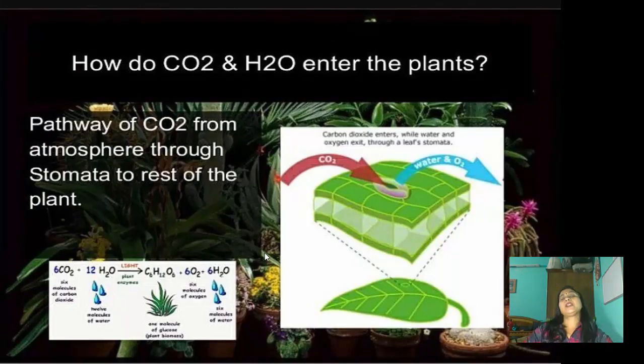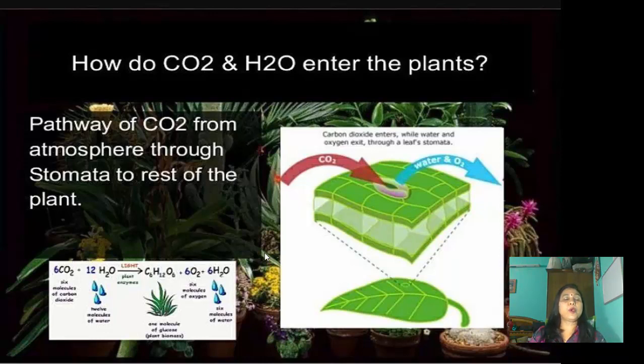Now, how do carbon dioxide and water enter the plants? We know carbon dioxide is a gas which is present in the atmosphere. This carbon dioxide gets into the plant through tiny openings known as stomata, which are present in the leaves, and water enters through the roots.